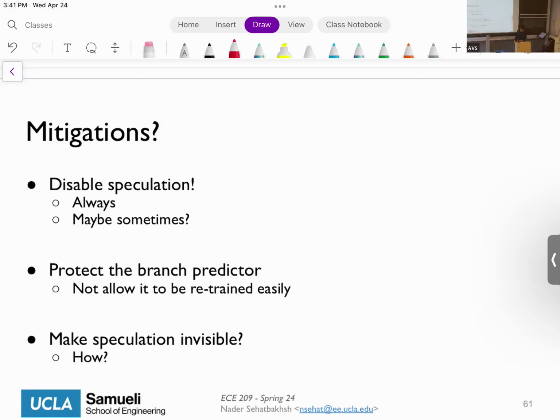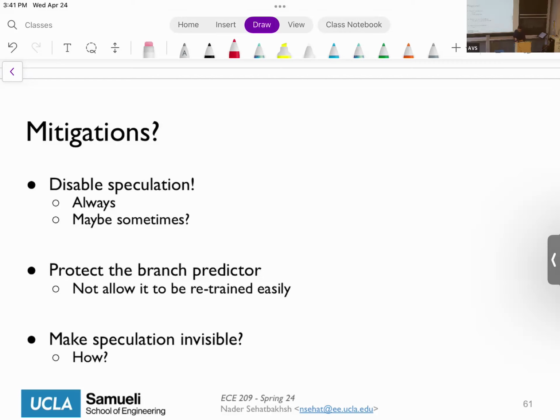Okay. And then the last thing is what you were trying to touch upon: you can make your speculation invisible. In other words, if you're doing things in the speculation window, maybe do it, but store it in some form of a buffer. And if you made a mistake, then invalidate that buffer. This is what we call invisible speculation.